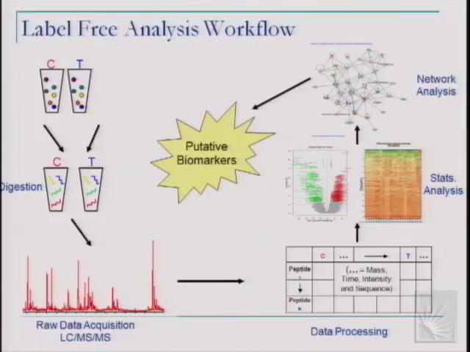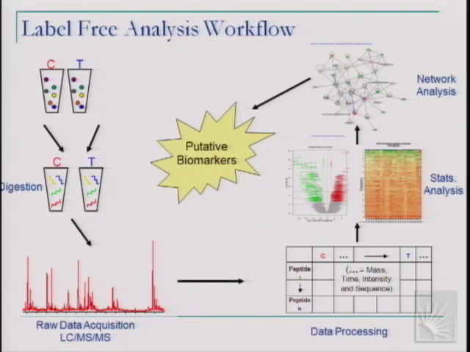Once we've acquired this raw data, we need to transform it into something that we can do statistical analysis on. So this involves significant data processing using the Infochromics software that we have in-house, in which we generate chromatographic peaks for individual peptides, and we cluster that across the data for control and test samples, such that a peptide is now seen as a row with its individual peptide intensity per sample.